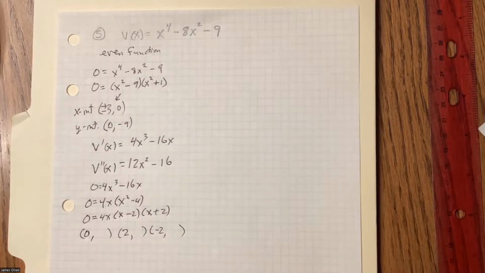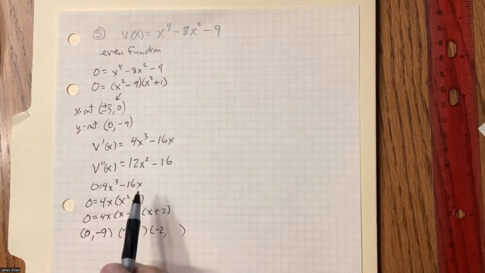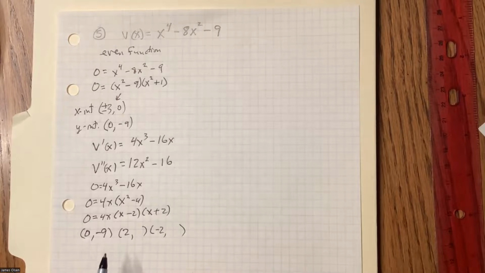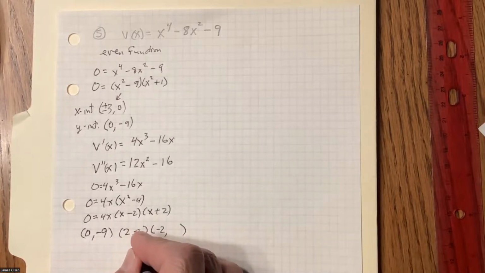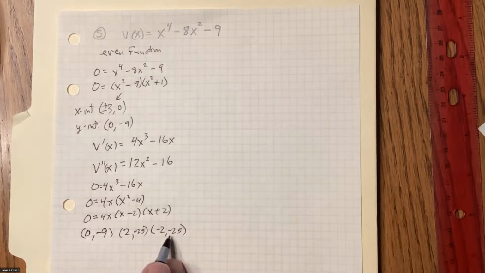And we get 0, -9, which we've already seen. 2, -25, and -2, -25. There's our evenness. There's our symmetry coming in.